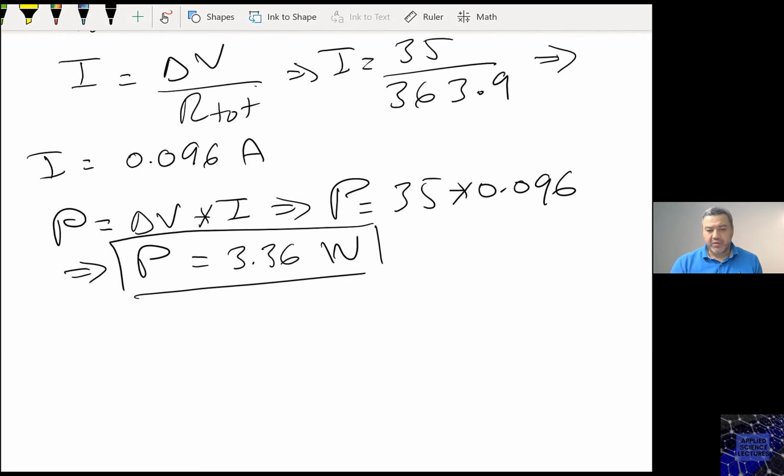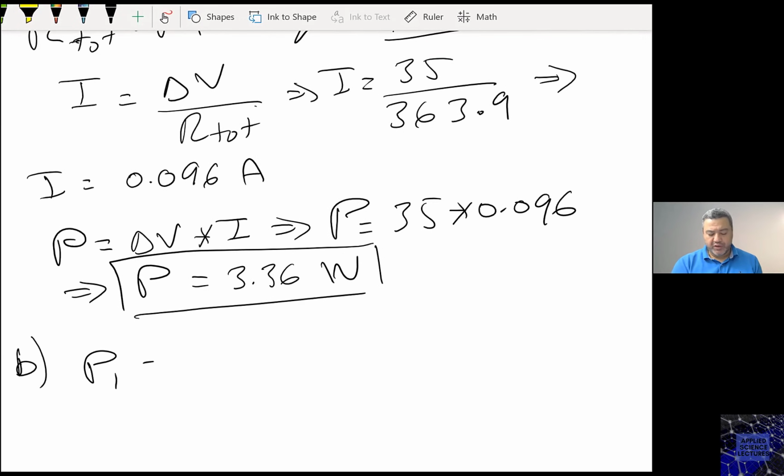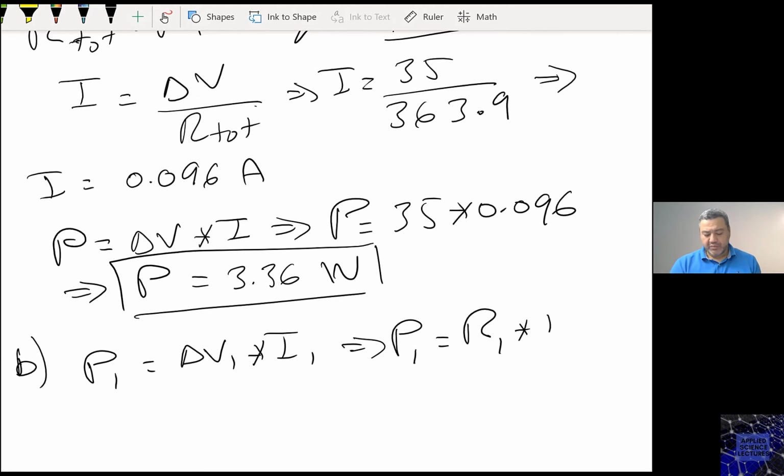B, what is the power consumed by each resistor? So in this case, I know P1 equals delta V1 times I1. And delta V1 here is R1 times I1. So I have R1 times I1 times I1, or P1 is R1 times I1 squared.